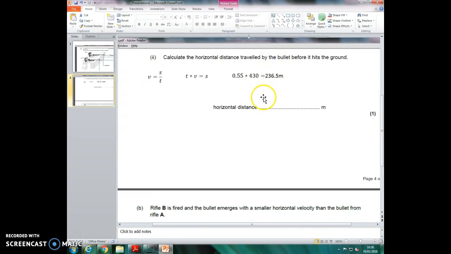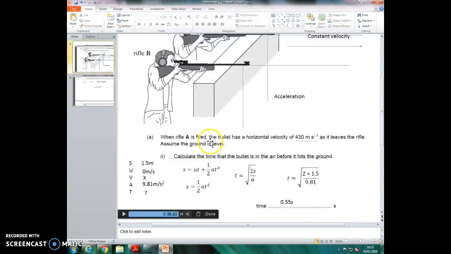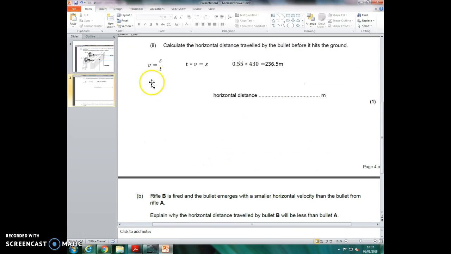Now, I have to take into account significant figures. So let's just look at our little list of information that we have for this. V is equal to 430 meters per second. And T is equal to 0.55. And we're looking for S. So here we have two significant figures, and here we have two significant figures.